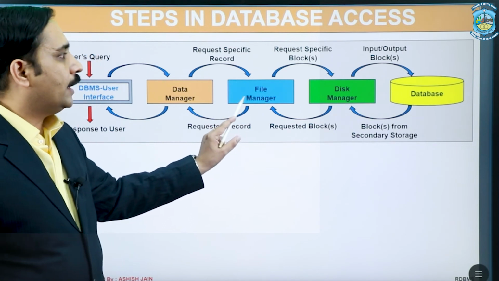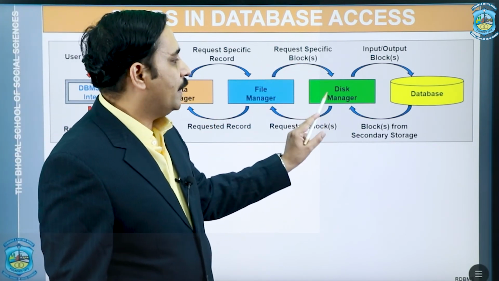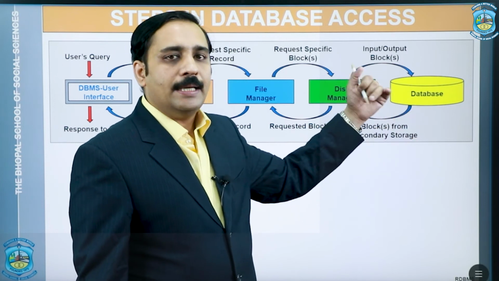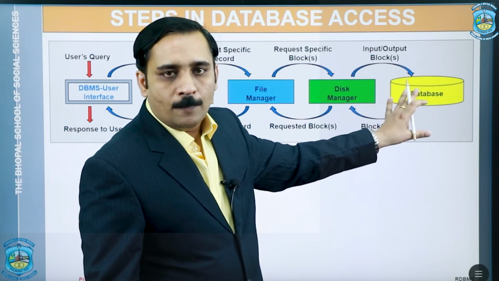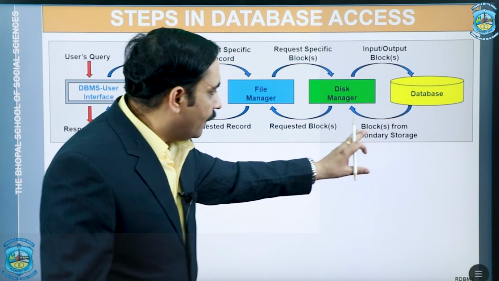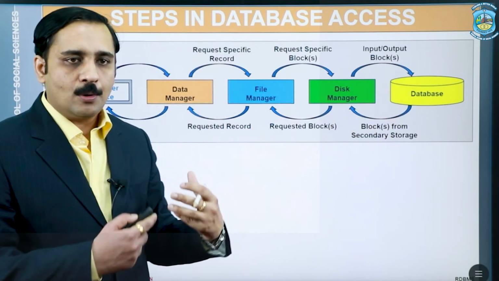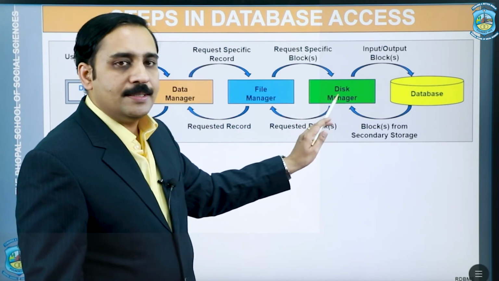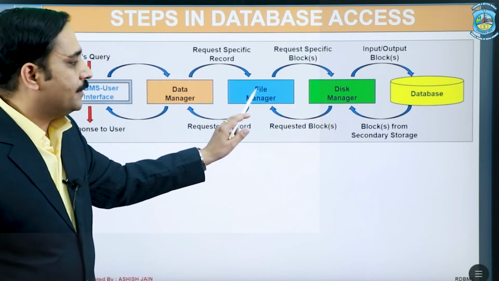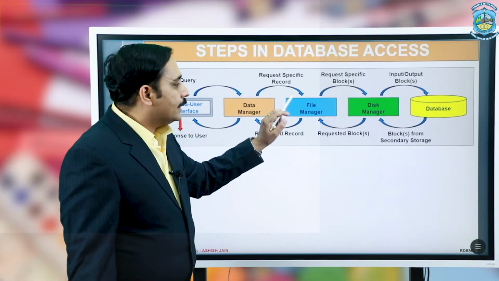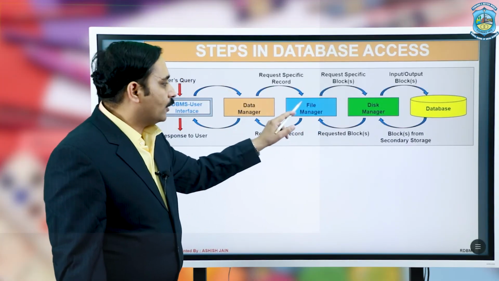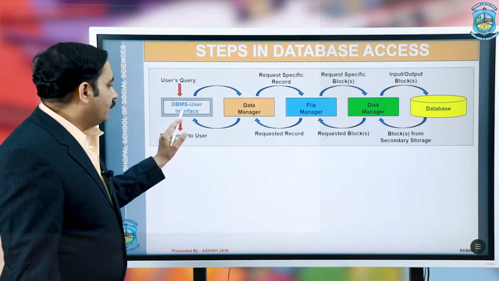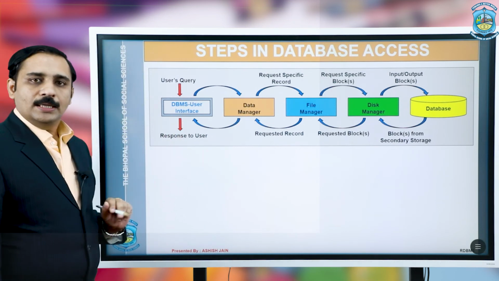The file manager requests the specific blocks from the disk manager, and the disk manager takes the data from the database where it is stored. Once it fetches the data, it returns the block of data required from the secondary storage to the disk manager. The disk manager finally sends the requested blocks to the file manager. The file manager again replies to the higher level, that is the database manager. And finally, the data manager gives the response to the user by the use of the DBMS interface.